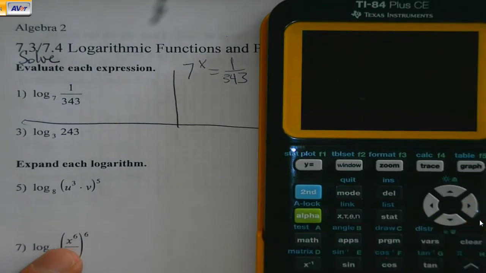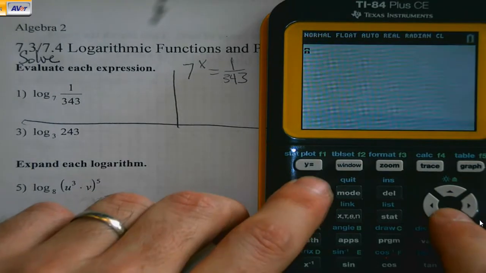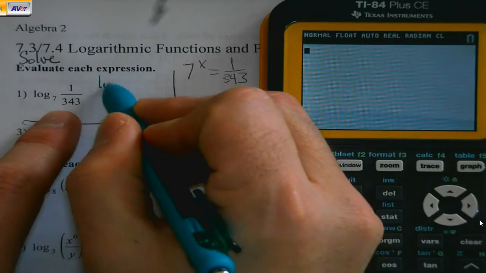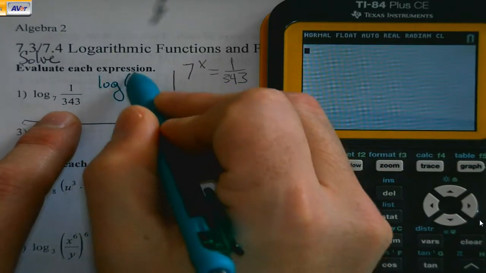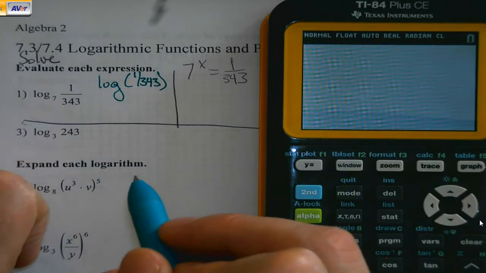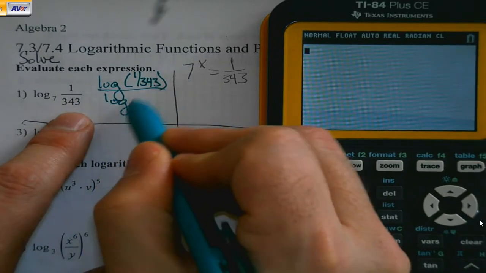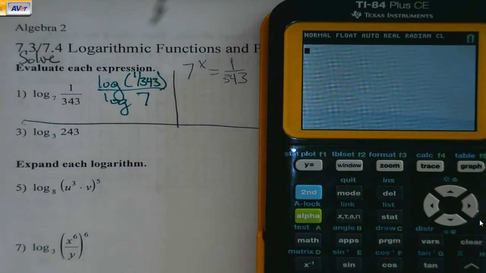So what we typically are going to do instead is what's called change of base, which basically is we take the log of what we call our big value, this one on the right, and we divide it by the log of our base.